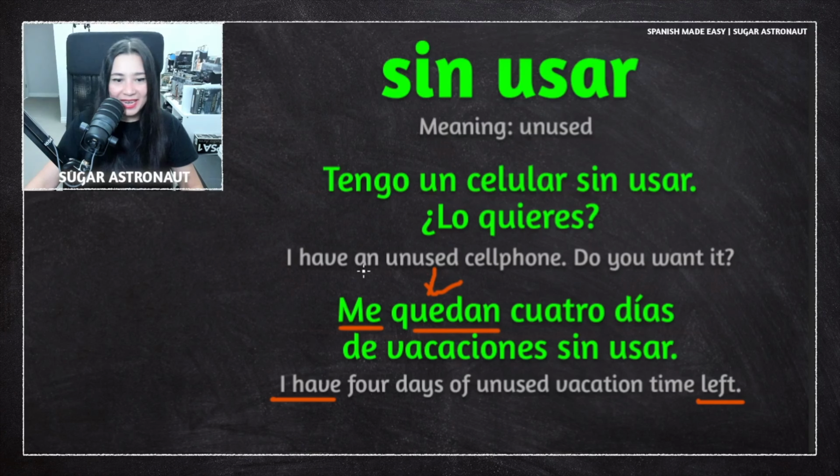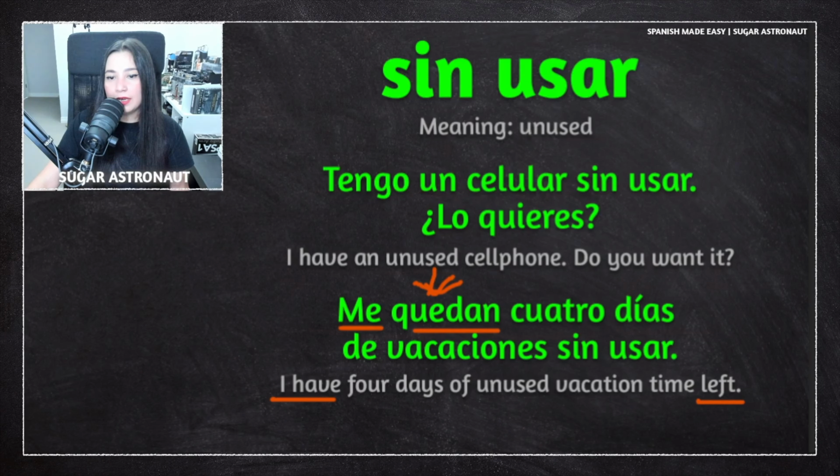Oh my God, my arrows. I just cannot. I cannot have decent arrows. Okay. Quedan comes from the verb quedar, and that means to have left or to be left, okay? Or also to stay.